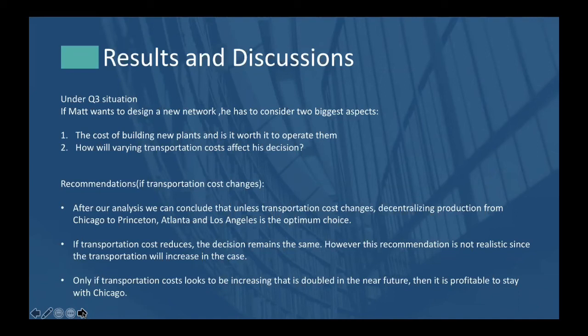If transportation cost reduces, the decision remains the same. However, this recommendation is not realistic since the transportation cost will increase. Only if transportation costs are increasing, that is doubled in the near future, then it is profitable to stay with Chicago.